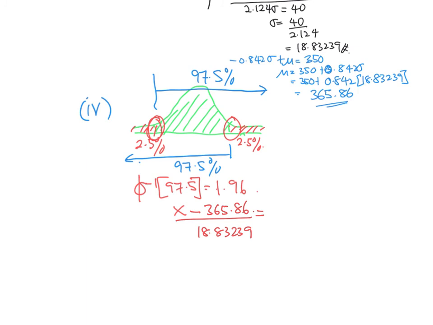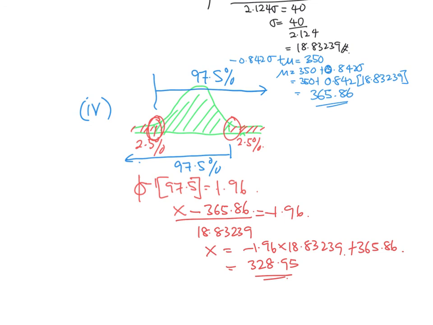So what is the lowest value, or the A value here? To find that, x equals negative 1.96 times 18.83239, and then plus 365.86, and the answer that I'm getting here is 328.95.